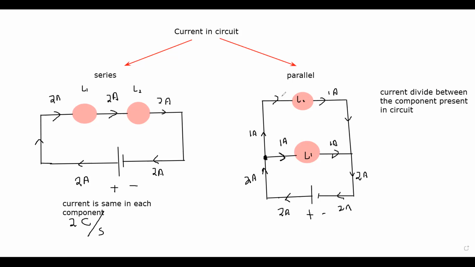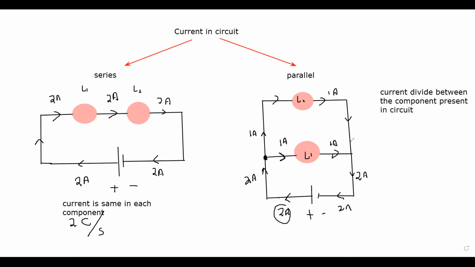It depends on the property called resistance. If a component has a high resistance, a small amount of current or charges will be able to flow through it. If a component has a low resistance, a greater number of charges can flow through it. So basically, if 2 ampere enters, because it has two paths to flow, if some of the current follows path 1, the remaining current will flow through path 2.